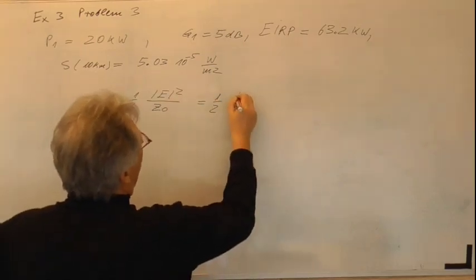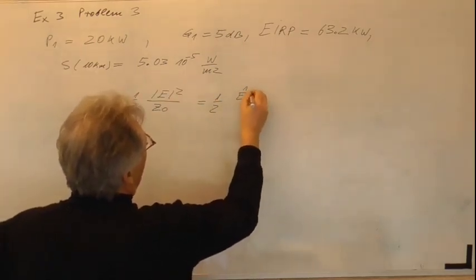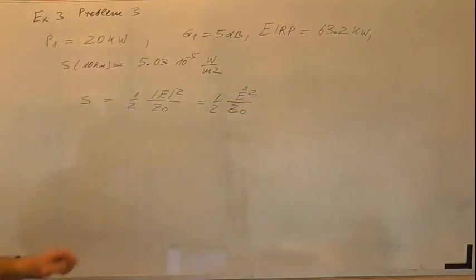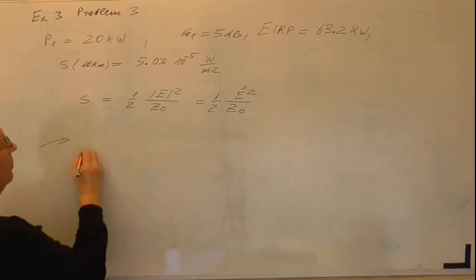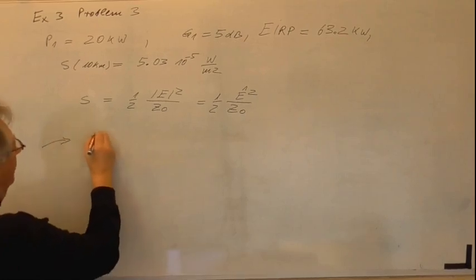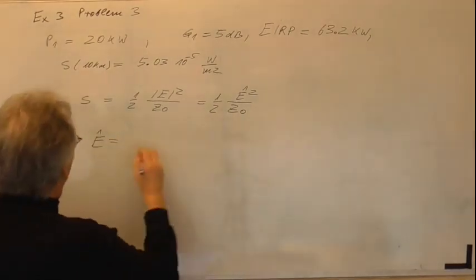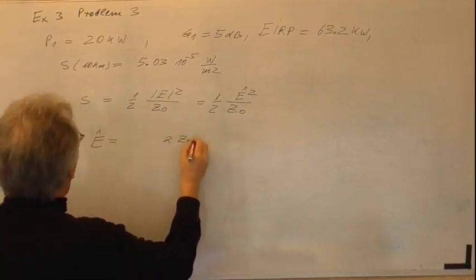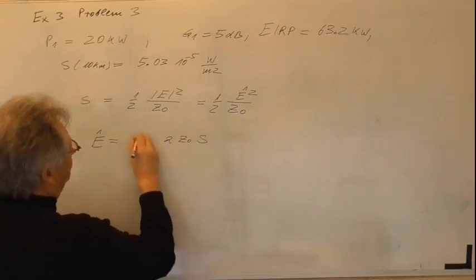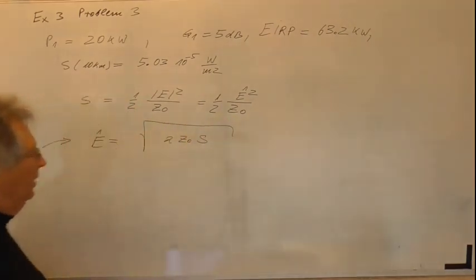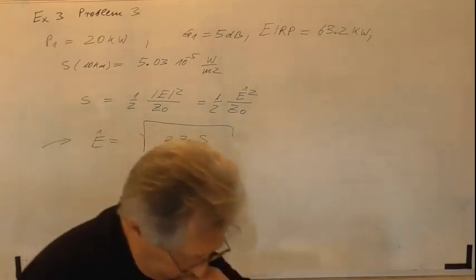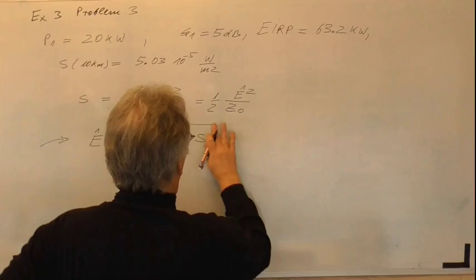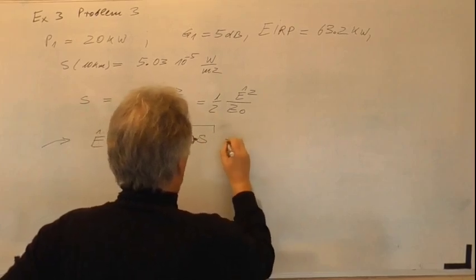This means we have the amplitude of the electric field divided by Z naught, and so we can now calculate the amplitude of the electric field to be 2 times Z naught times S, and we have to take the square root of it, and this gives us the amplitude of the electric field.